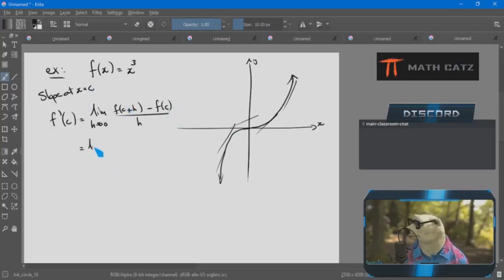Now, yes, this is a more complicated function, so the calculation will be a little bit longer, perhaps. But let's have a look. We have to see a couple at least. So it's x cubed, so it's c plus h cubed minus c cubed over h. All right.